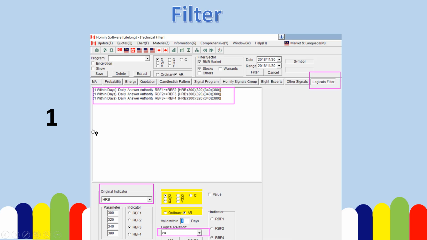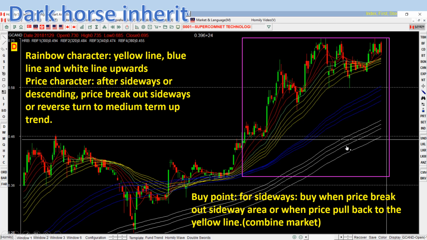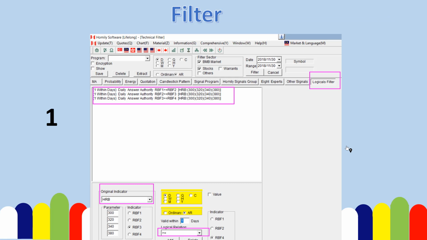And for the future, we can do it with Homing Rainbow. First, we come to the logical filter. Then we choose the original indicator as Homing Rainbow. The shortcut is HRB. Later we choose this condition, RBF1; the parameter we do not need to change.